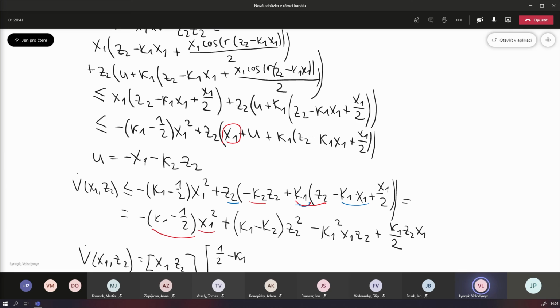This term is k1 minus k2. Okay, and we need these two terms, this k and this term, this and this.